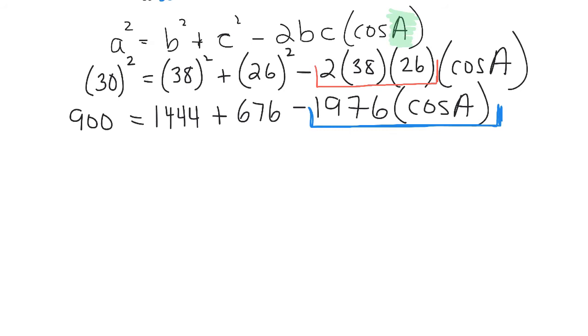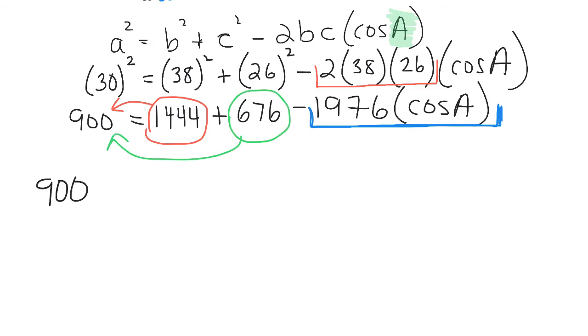So we are going to ignore that for the time being. Instead, what I'm going to do is bring together all of my other numbers. That means 1,444 can move over to the left-hand side of my equation, and so can 676. That's also going to move over to the left-hand side.